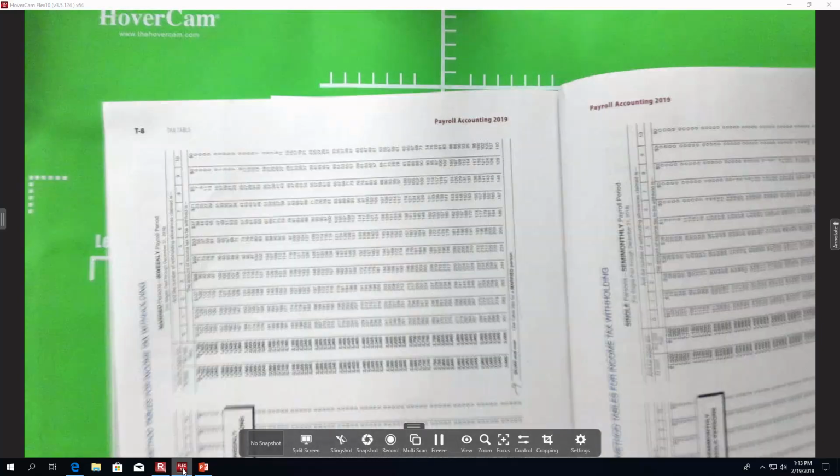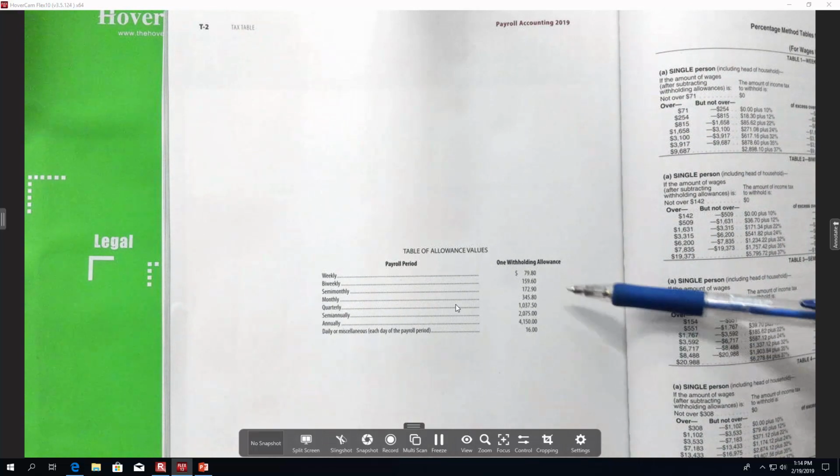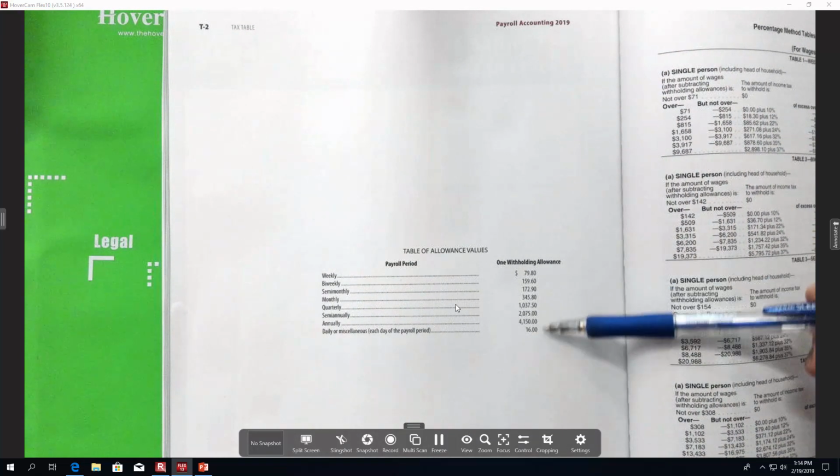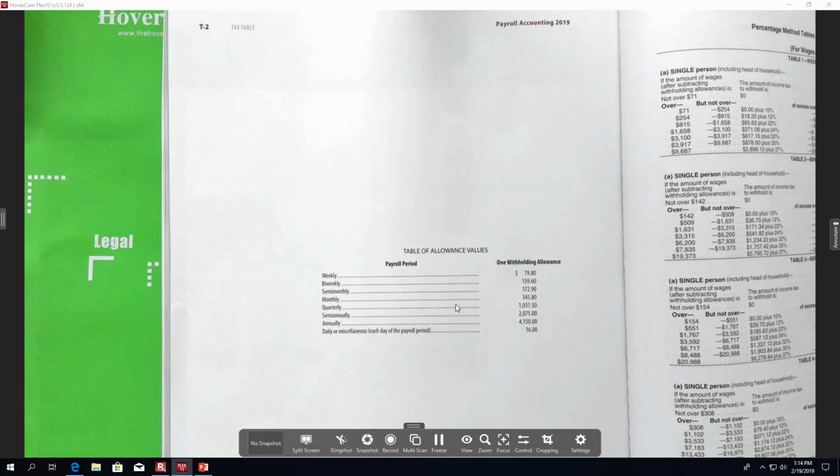So now I'm going to go to page T2. And before you can go over to table 2B, the first thing you have to do is subtract. On page T2, you've got to find how much one withholding allowance is worth based upon how often they're paid, and multiply it by the number of allowances. How many allowances did he have? No, I think I told you 2, didn't I? Yeah, he marked 2 on his W-4.